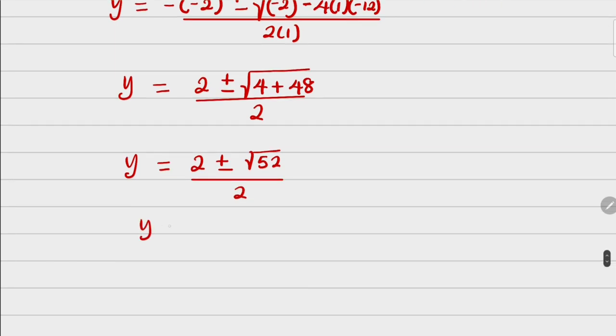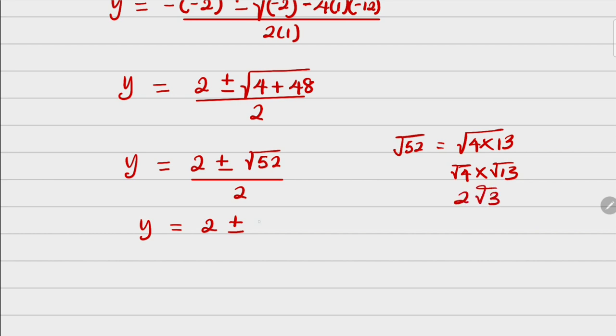Now y will be equal to 2 plus or minus the root of 52, which is the same thing as the root of 4 times 13, which is the root of 4 times the root of 13, which is 2 root 13. So I'm going to have 2 root 13, all over 2.